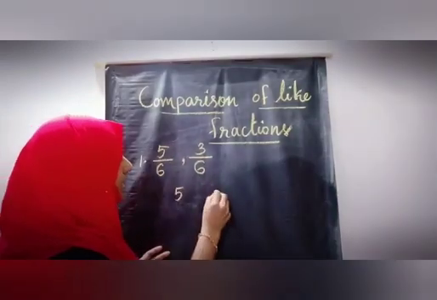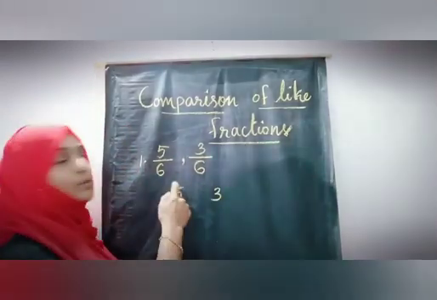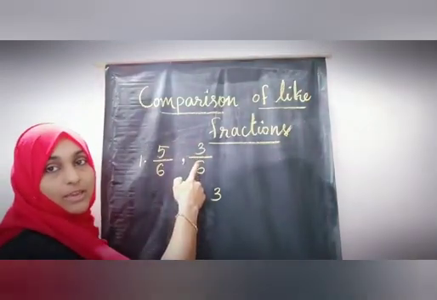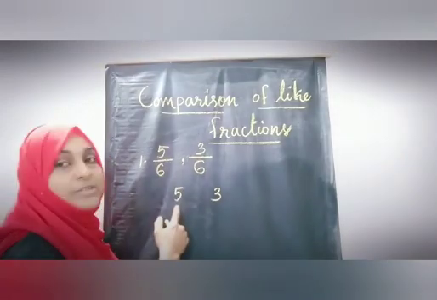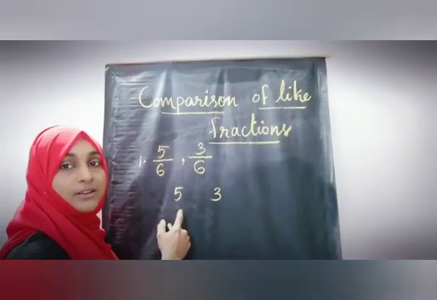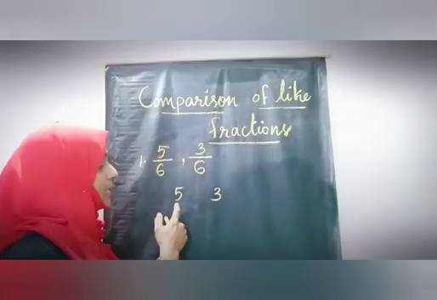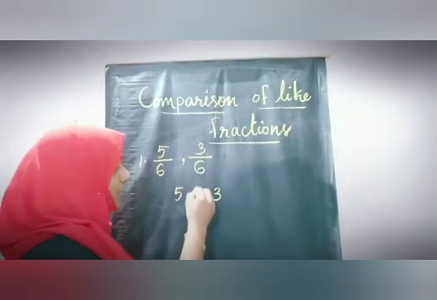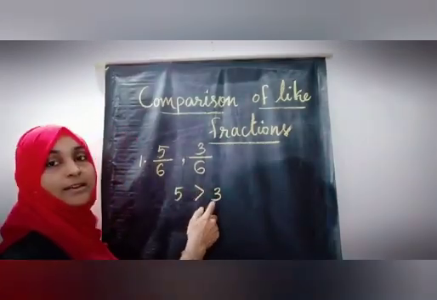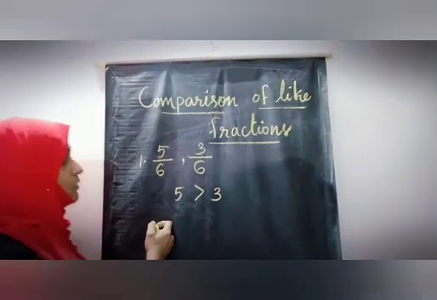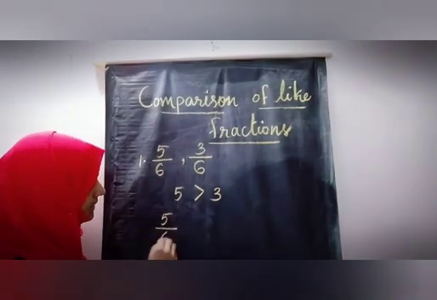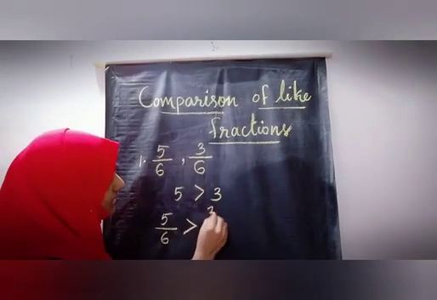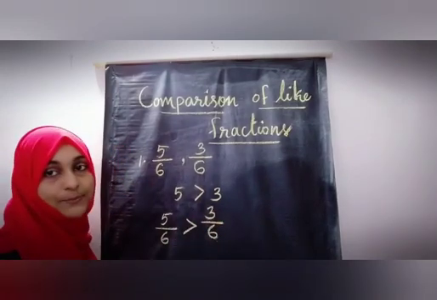Which number is greater? 5 is greater than 3. So, 5 by 6 is greater than 3 by 6.